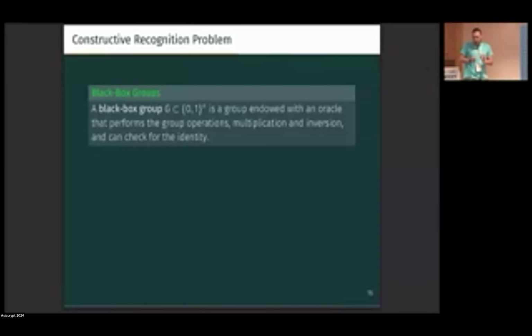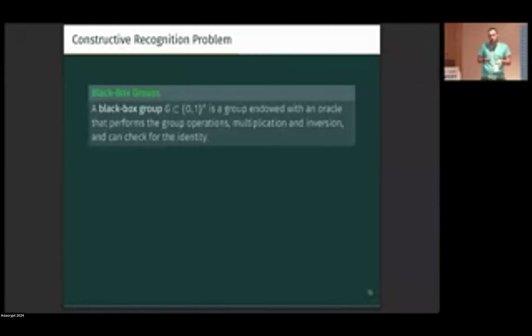This in some sense resembles the generic group model that you probably know for elliptic curves. It is clearly justified to be used in a cryptographic context, but this generalization of groups, we did not invent it.